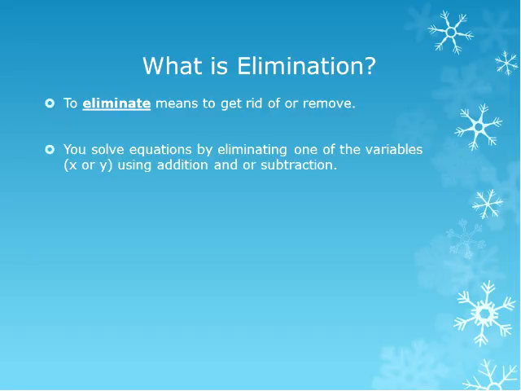So what we're going to do today is remove one of the variables from our equation. And it depends on the equation which variable we want to remove, whether it'll be the x or the y. And to remove that, we're going to add our two equations together.